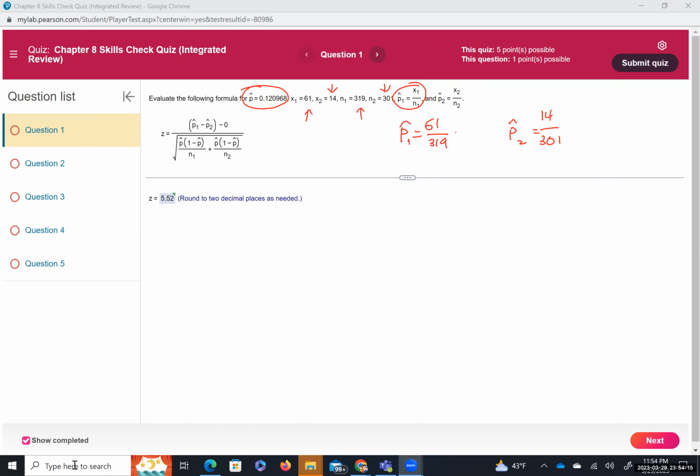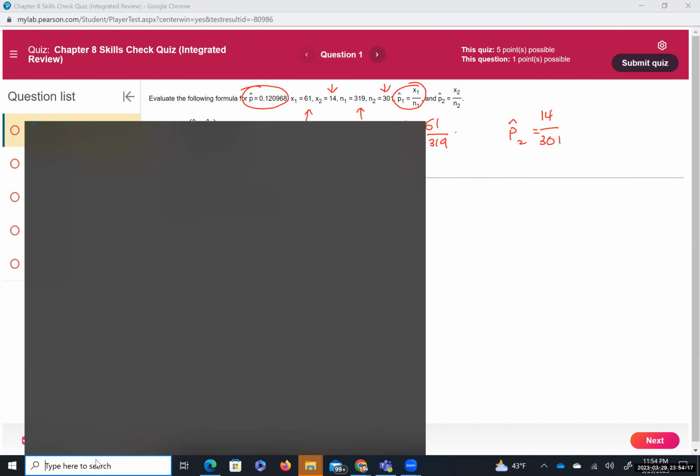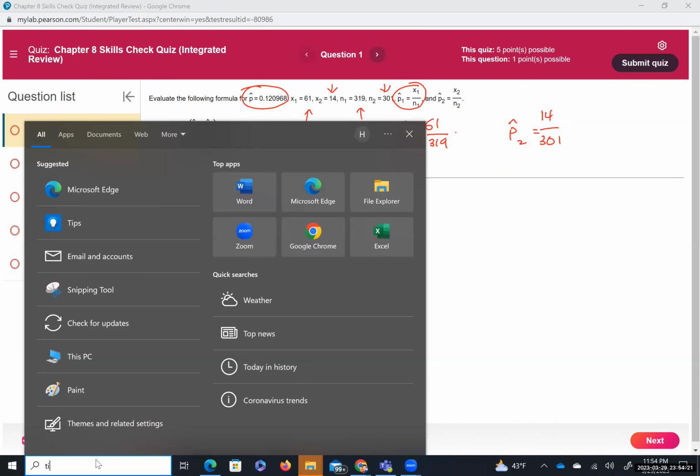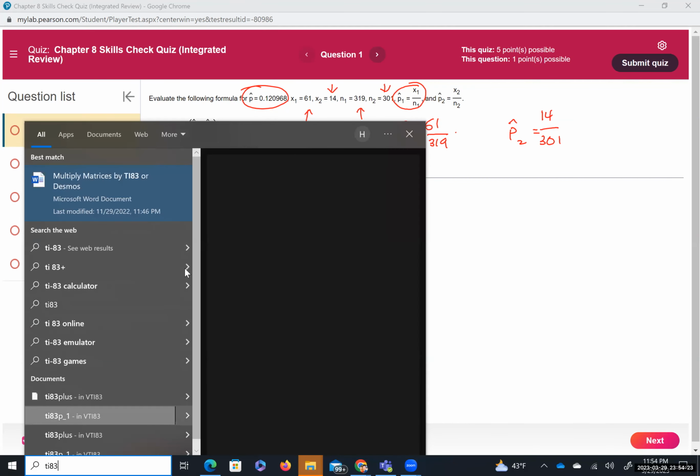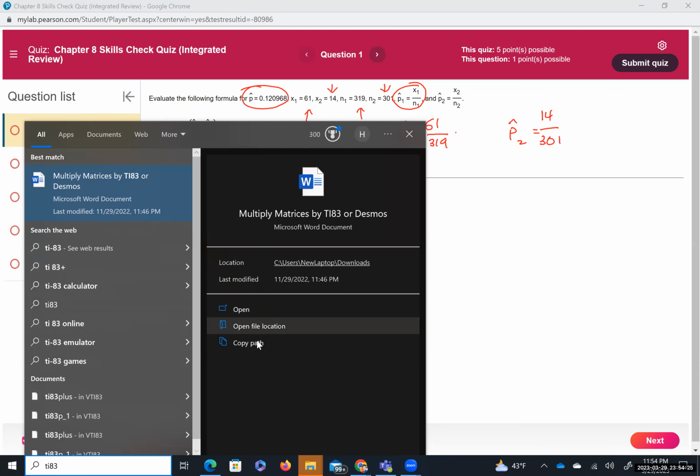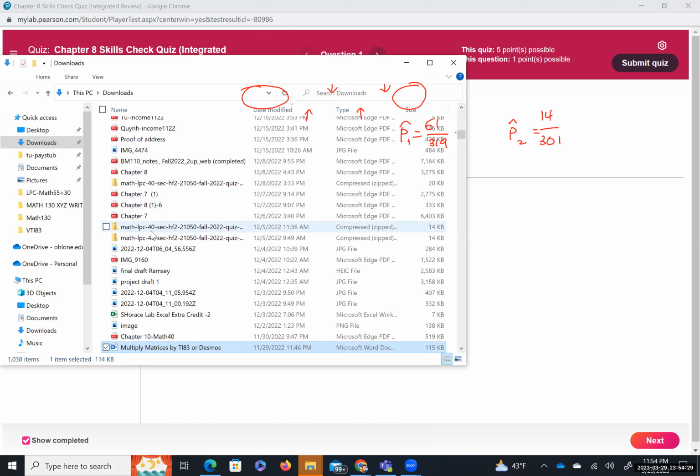So let's see if I can simplify this. Let me use a TI in this case. You can also use decimals to handle it.